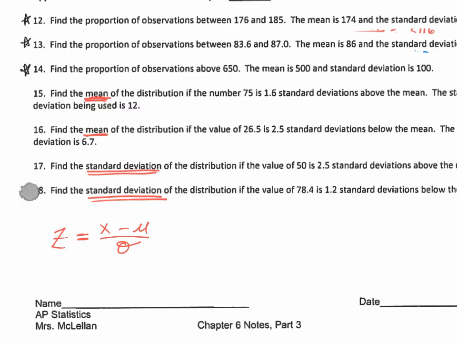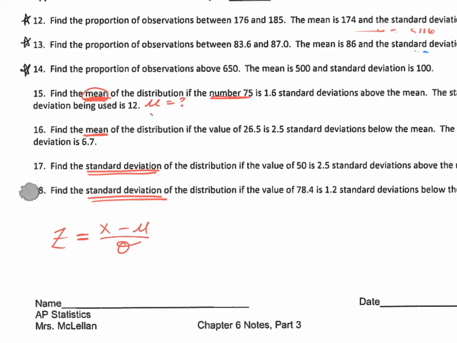So let's see what we're given on number 15. Find the mean, so that means the mu is a mystery, of the distribution if the number 75, so what do you think that is? I think that is certainly not a z-score.